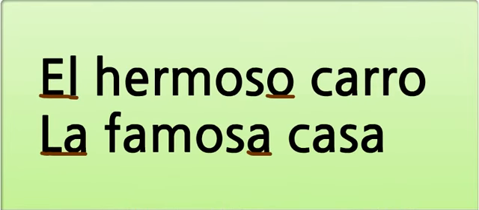As we have here, carro is the noun, and because of that, the article and the adjective have to agree in number and gender. Then we have el hermoso carro, and as casa is a feminine and singular noun too, the article and the adjective make a change. Then we have la famosa casa.